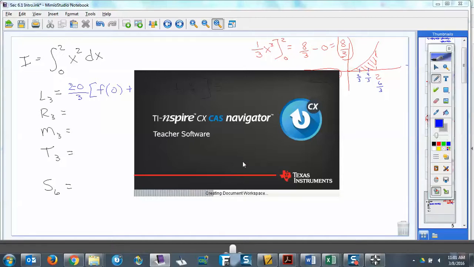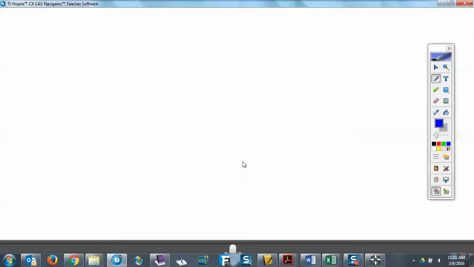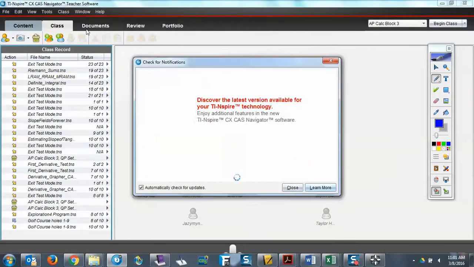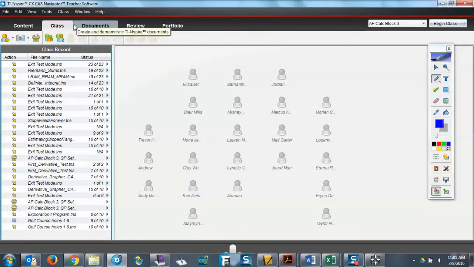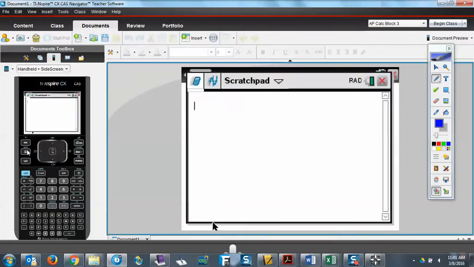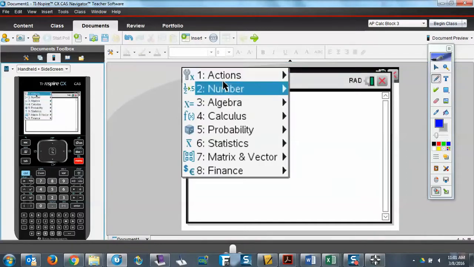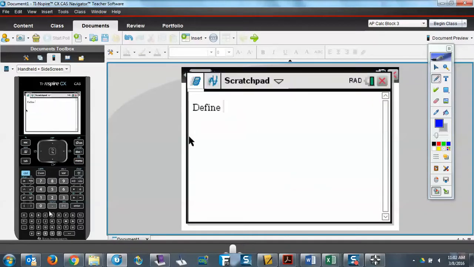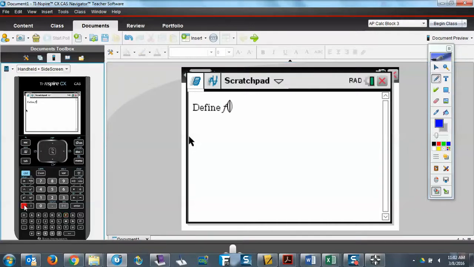What I would do if I was doing this problem is I would define f of x to equal x squared. So I would go into my home screen here and I would go to menu or just type it, define f parentheses x equals x squared.